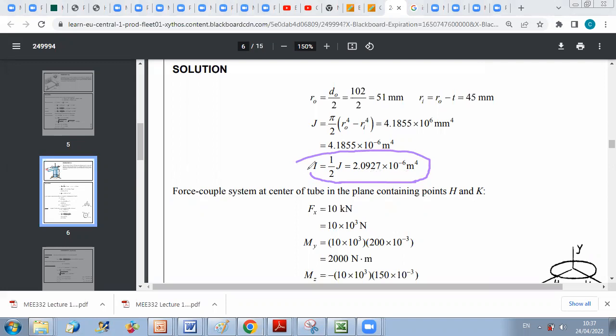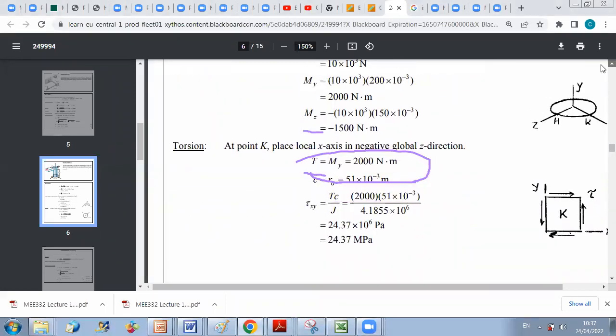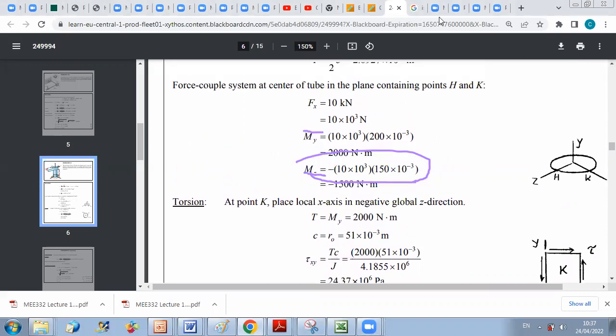So now, once we have found the second moment of inertia and the polar moment of inertia about the point and axis of interest, we can calculate the corresponding values for the shear and normal stress resulting from the internal forces and moments. The internal forces and moments created by the force applied on the system are computed as we have done together.